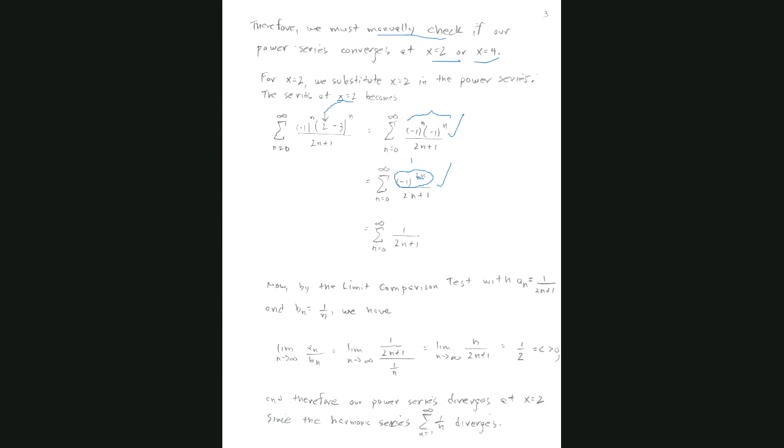But now we have to ask the question, does this series converge or diverge? So we have to think about what tests to use to see if the series converges or diverges. Who thinks the series, the sum from n equals 0 to infinity of 1 over 2n plus 1, converges?